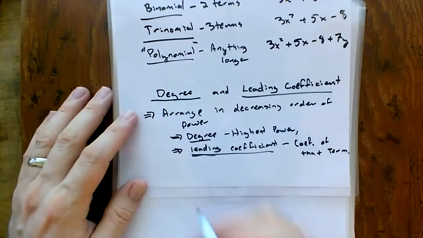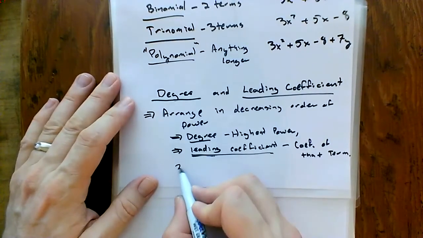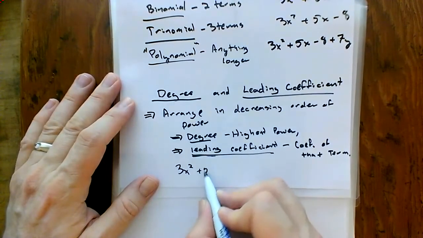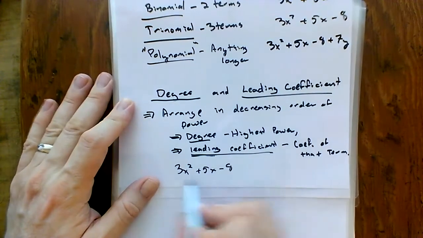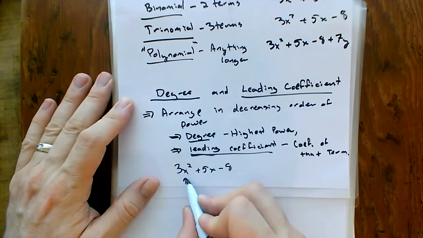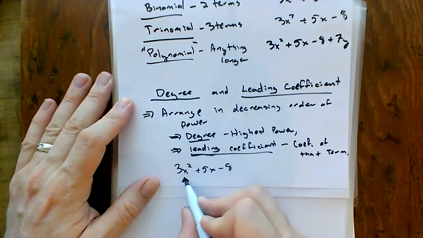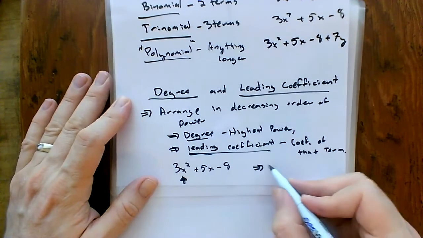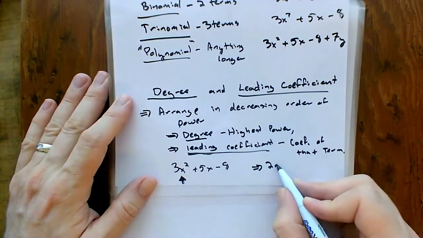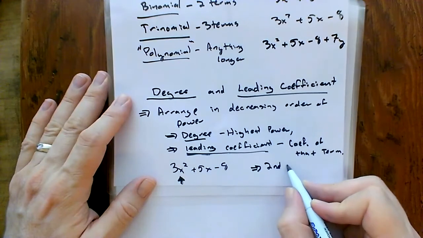So say I've got, I don't know, 3x squared plus 5x minus 8. This is in decreasing order of power. Here, this term has the highest power, so I'd say this is a second degree term.